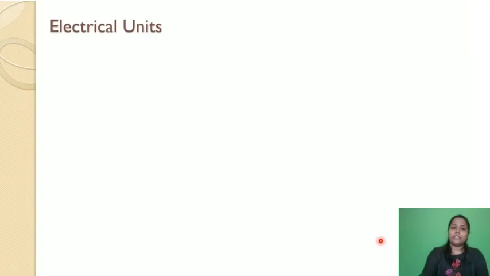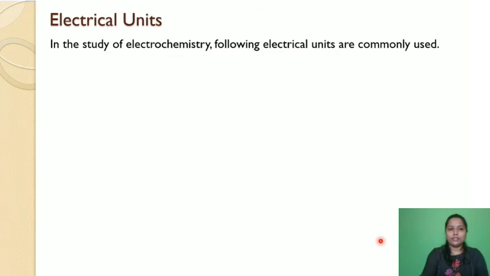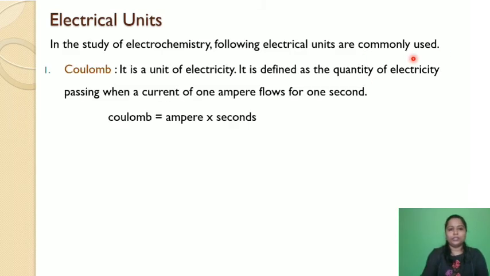The next point is the electrical units. In the study of electrochemistry, the following electrical units are commonly used. The first one is the coulomb, a unit of electricity. 1 coulomb is ampere into second.